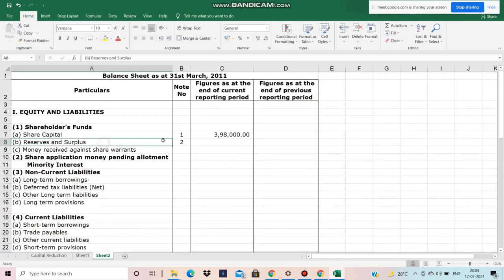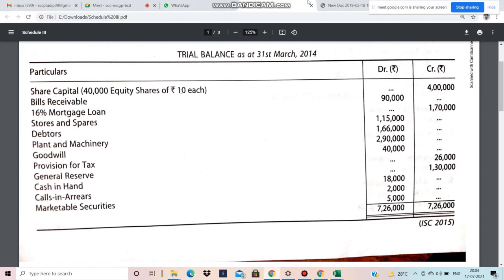Now the next item comes under reserves and surplus. Normally all reserves come here, so how many reserves are there? There is one general reserve, and it comes under reserves and surplus, but nothing else.